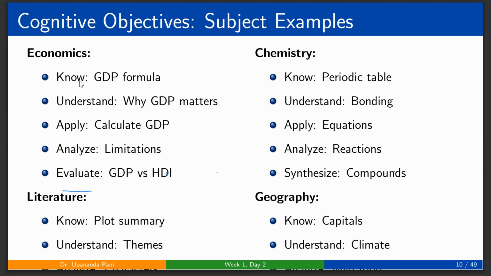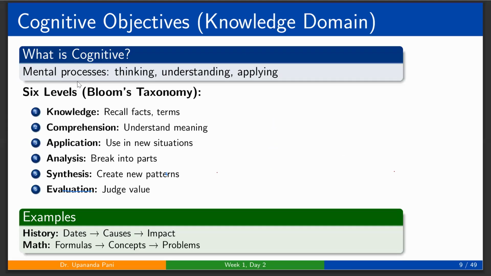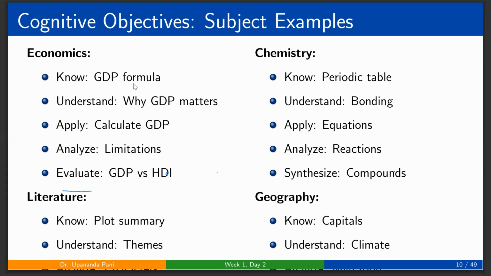So knowledge is the GDP formula, understanding is why GDP matters, applying is to calculate GDP, analyzing is the limitation of GDP, and to evaluate means when I am comparing GDP versus HDI. HDI is the Human Development Index. Similarly, in literature it will be a little different, and chemistry also, and geography also.